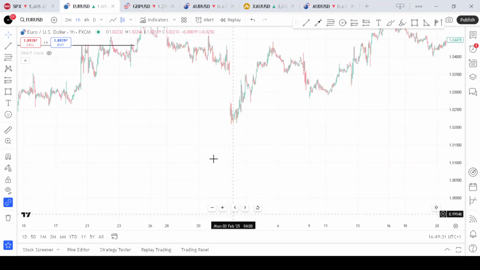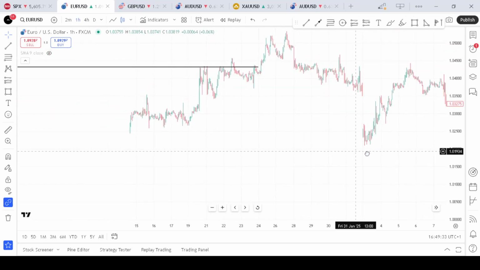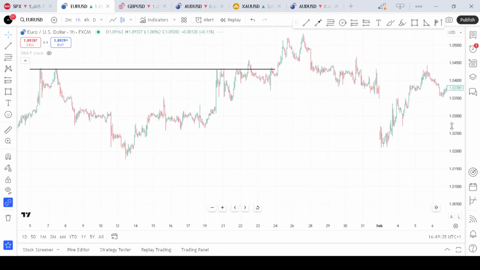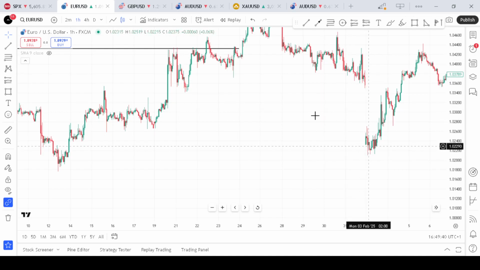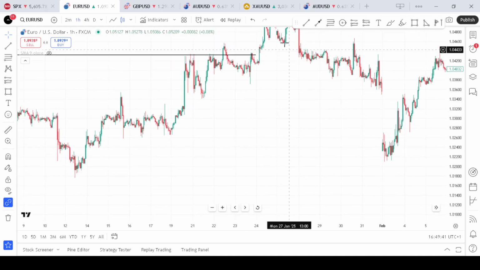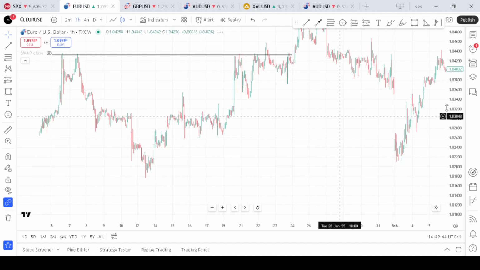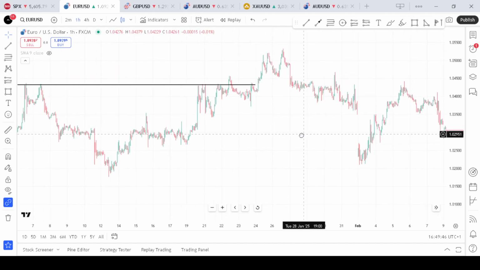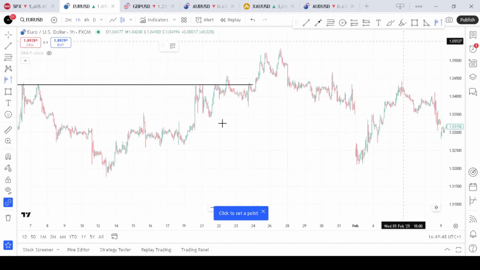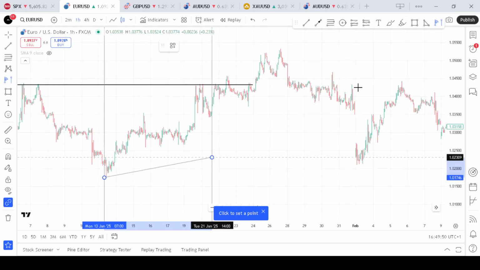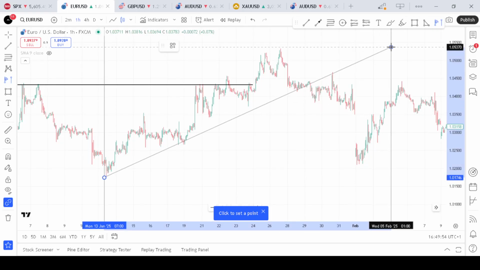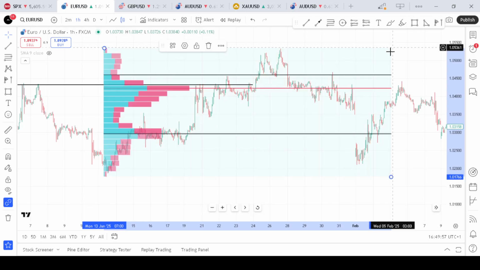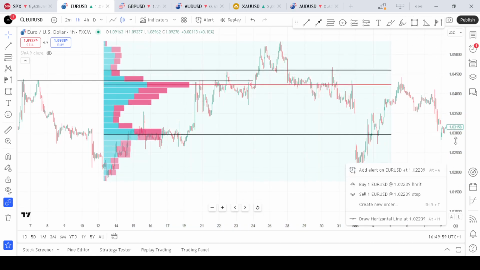This is the area we are looking at on chart. From the daily time frame, this was where price broke the structure, and we are expecting price to retrace to this area. If you decide to draw your indicator or your technical tool from high to low on this particular chart, it will show you an area where you expect price to buy from.